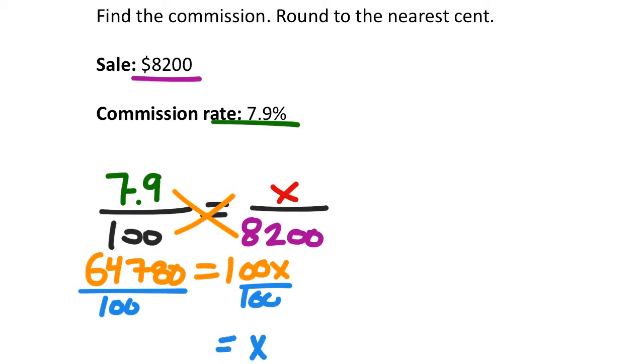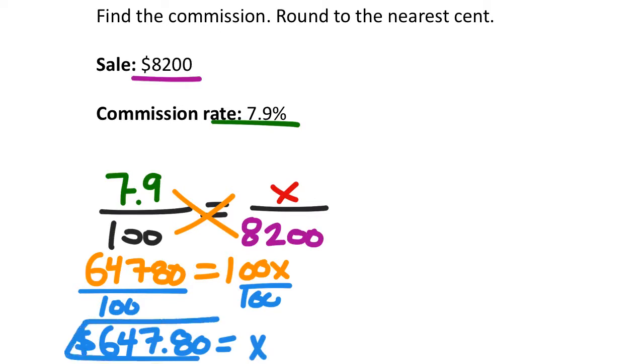And x equals 647.80. And by the way, you guys may have noticed I'm not putting these in the calculator because when you divide by 100, it's the same as moving the decimal 2 times to the left. So this is the commission. Whoever's selling it, making a commission of 7.9%, would have made $647.80 on this $8,200 purchase.